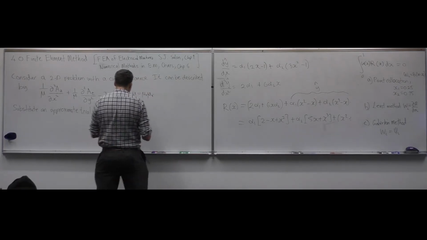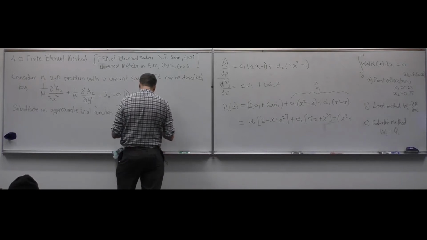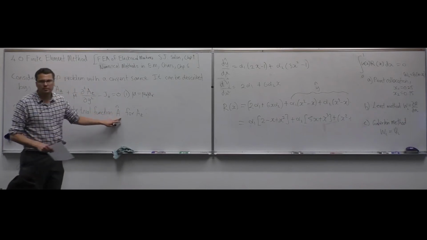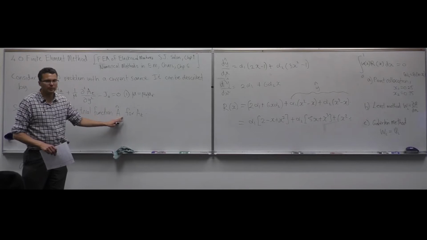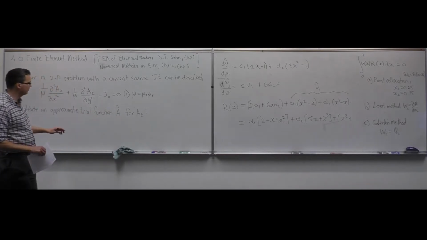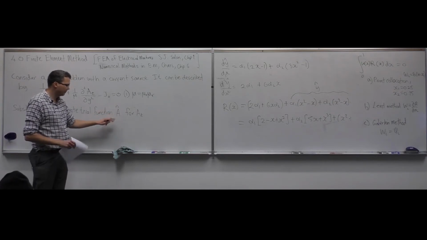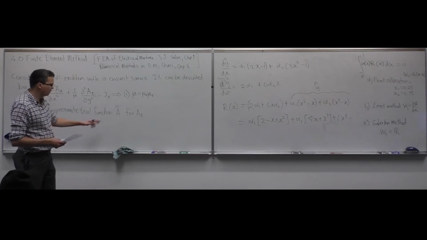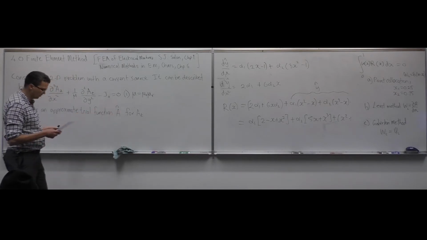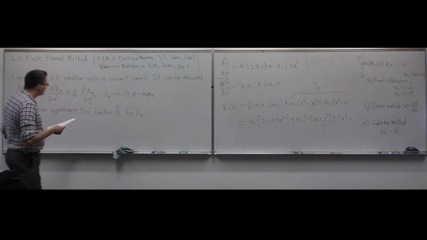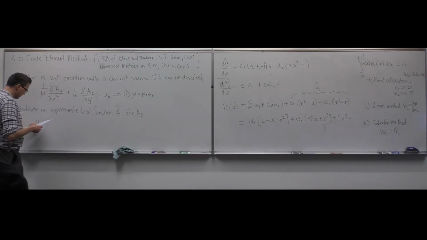Now I'm not going to put the z on here. I'm just going to leave out the subscript z because we'll have other subscripts and it'll just get complicated. So I'm just going to write A from now on, and you should keep in mind that it is just the Az component. If we substitute in the trial function given by A hat, then we're going to get out some residual.